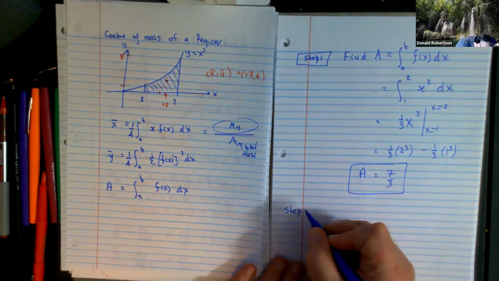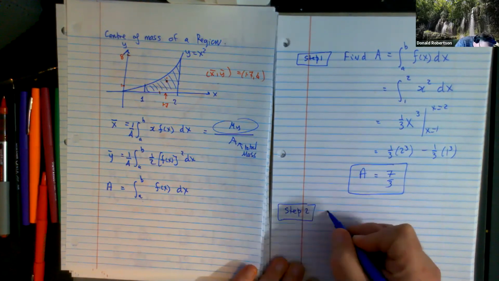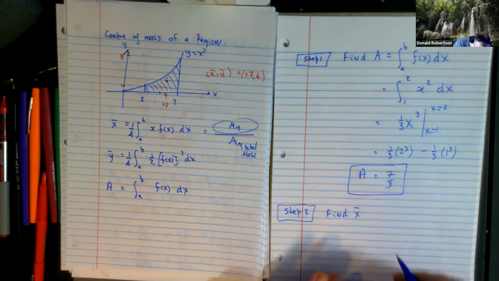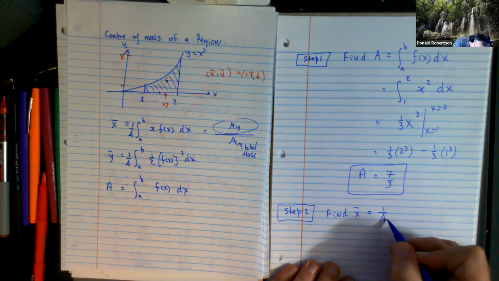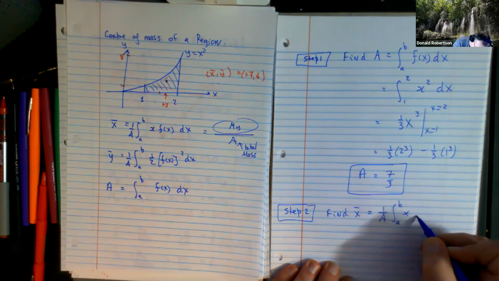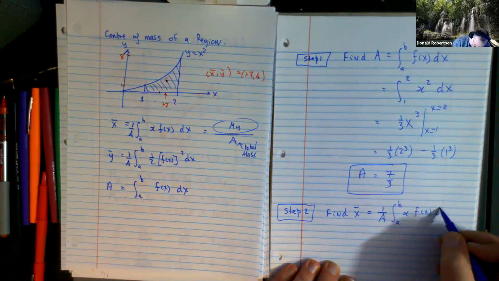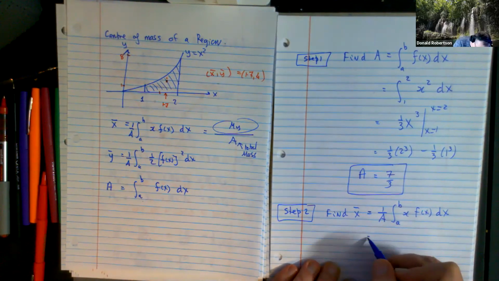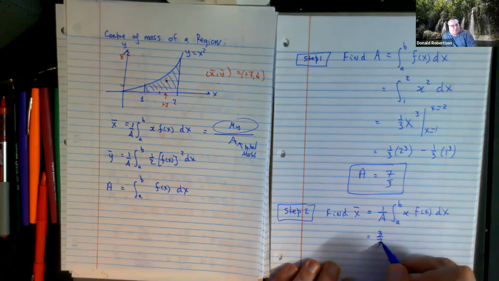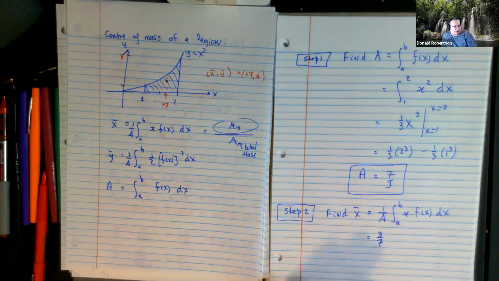Step two, find x bar. It's 1 over A, the integral from a to b of x f of x dx. Right, 1 over 7/3 is the same thing as 3/7. You happy about 1 over 7/3 is just 3/7? Right, reciprocals.